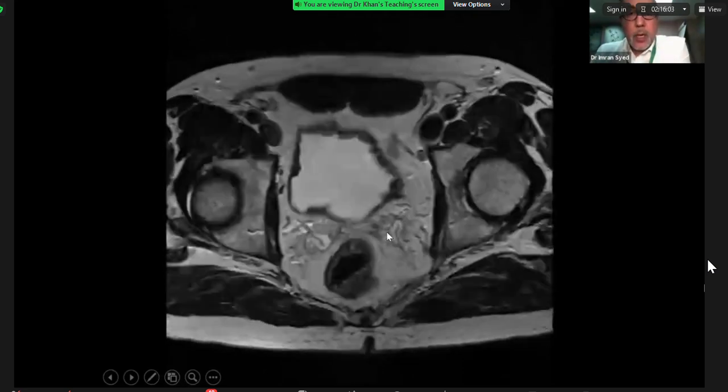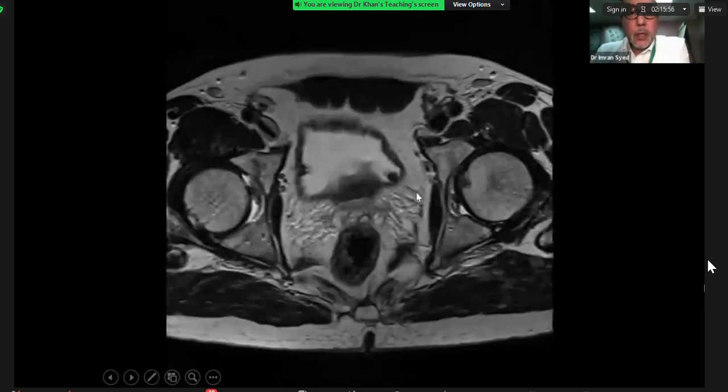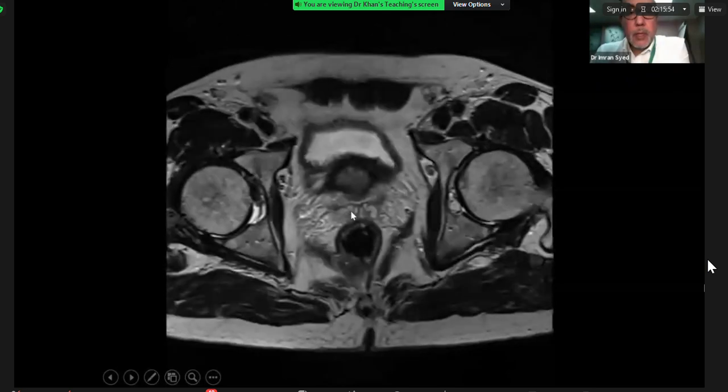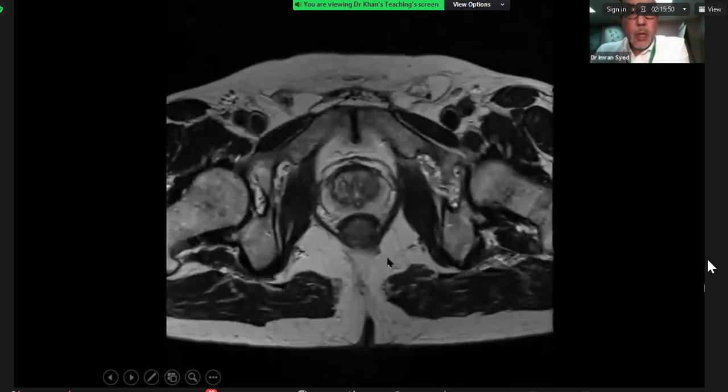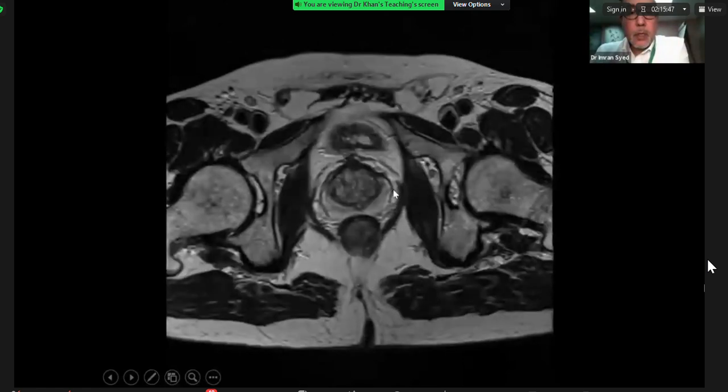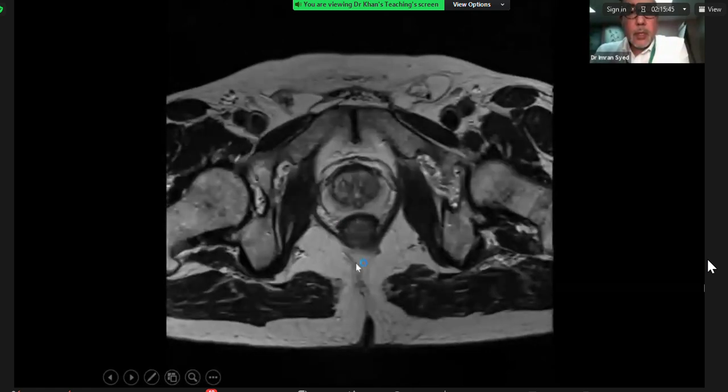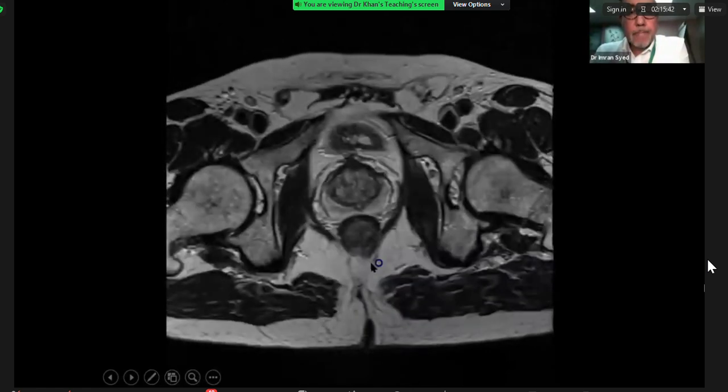You can see here in the background on either side the seminal vesicles coming in, the rectum here and the mesorectal fascia. You've got a slightly trabeculated bladder in this case, and there's the prostate that you can see here with the peripheral zone just seen there. That's the capsular margin, well demarcated there.